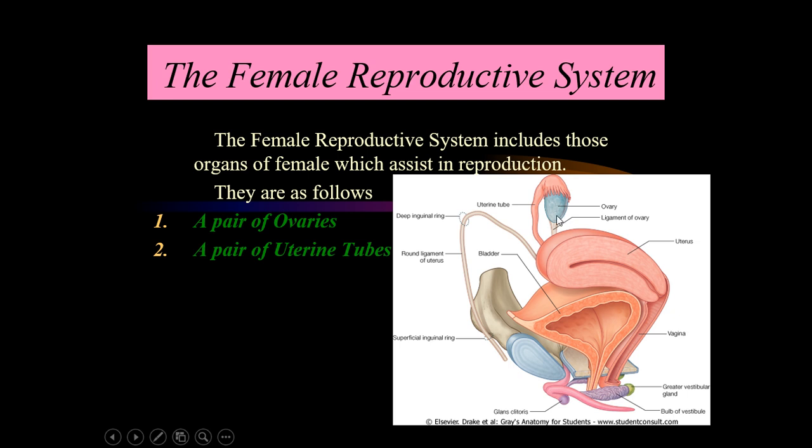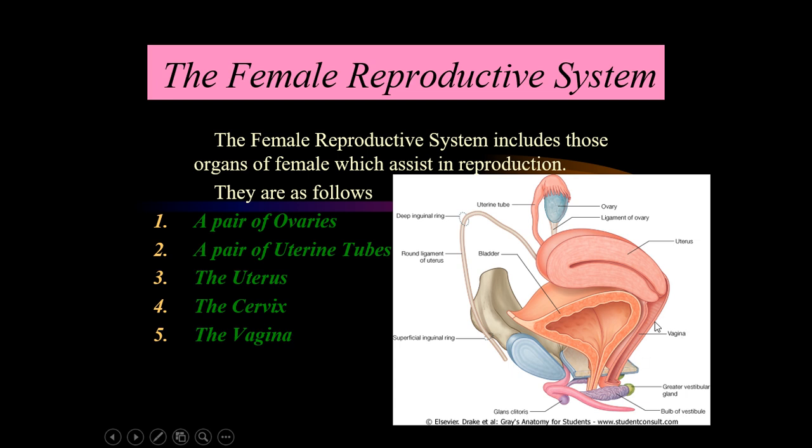One is the main primary female reproductive organ, the ovary, and the accessory organs are a pair of uterine tubes, then the single uterus, which is in the midline, then we have the cervix, the lower part of the uterus continuing below as the cervix, and then a vagina.